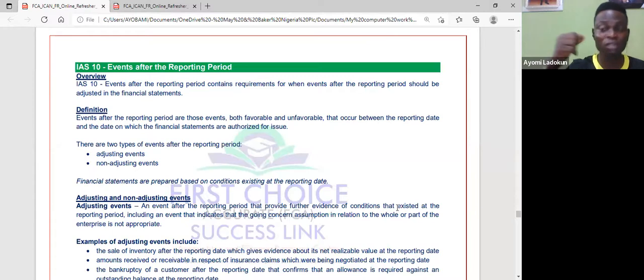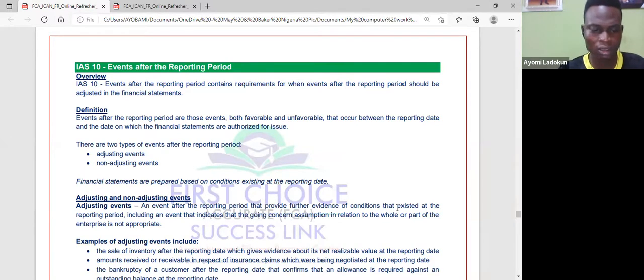But the measurement of a discontinued operation is that you must show the sum of the post-tax profit or loss of the discontinued operations and the post-tax gain or loss recognized on the measurement of fair value less cost to sell, presented as a single amount in the statement of profit or loss. So you need to understand that.